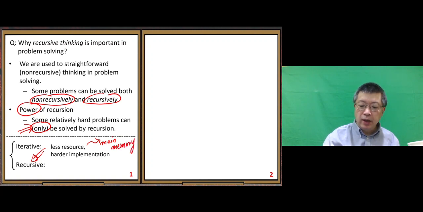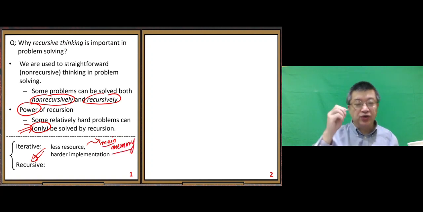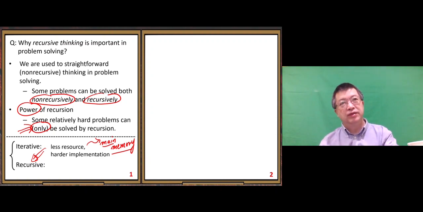Remember our secondary resource, memory, storage space. The iterative way consumes less memory resource compared with the recursive way.